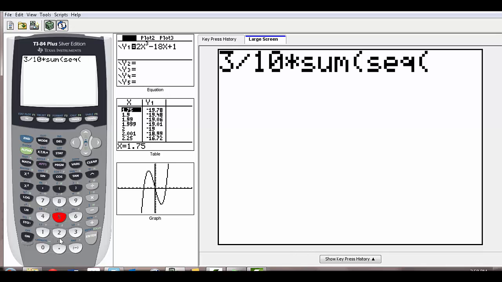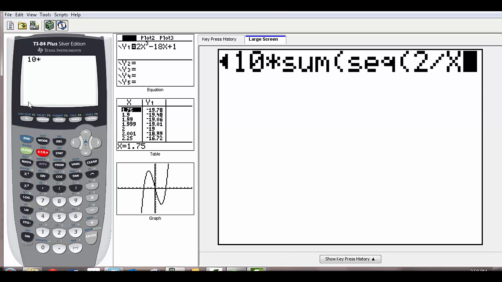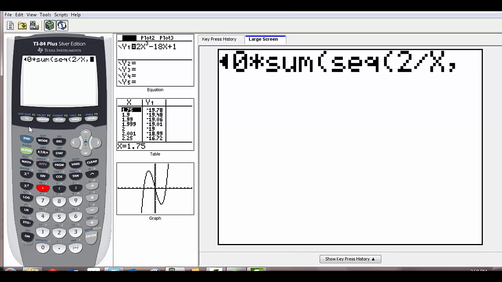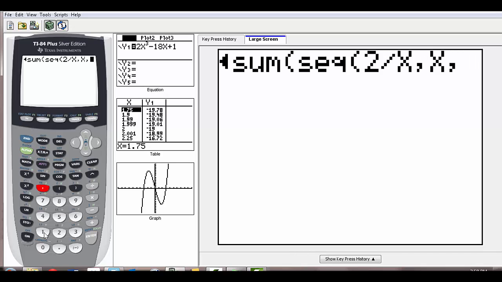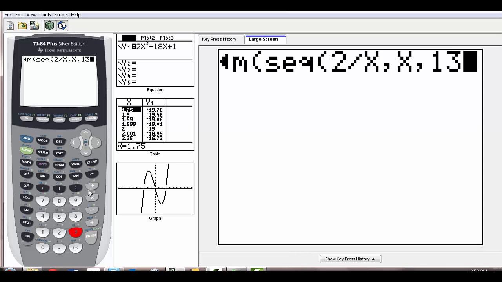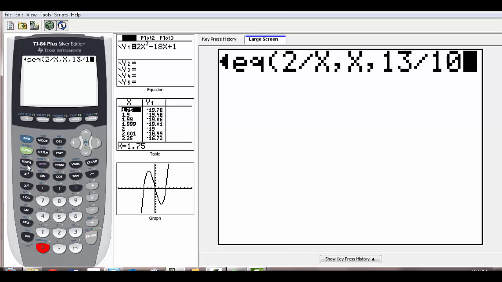Now you need to type in the function, 2 divided by x, comma. That's when you use the comma. You need to tell it the variable, which is x. You need to tell it the beginning number, which was 13/10.